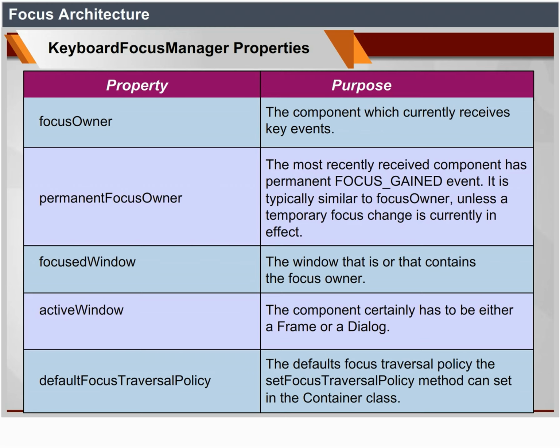Permanent focus owner: the most recently received component has permanent focus gained event. It is typically similar to focus owner unless a temporary focus change is currently in effect. Focused window: the window that is or that contains the focus owner. Active window: the component certainly has to be either a frame or a dialog.